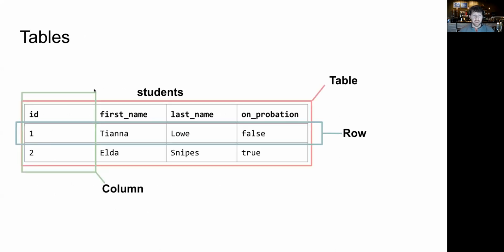So if you come back here, ID consists of numbers, first names consist of text, and the probation column consists of a Boolean value. So we can verify that when data is going into the database, the data going into these fields is in fact the correct data type. That's where data integrity comes in.